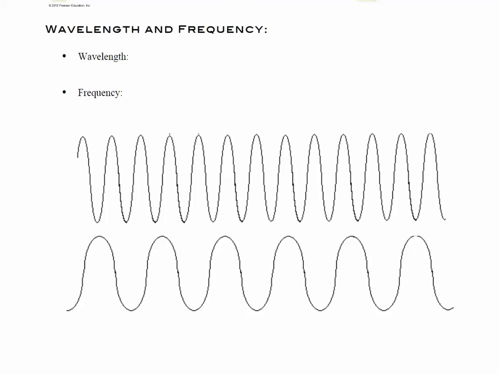All right. So your wavelength is the distance between the crest of one wave and the crest of another.